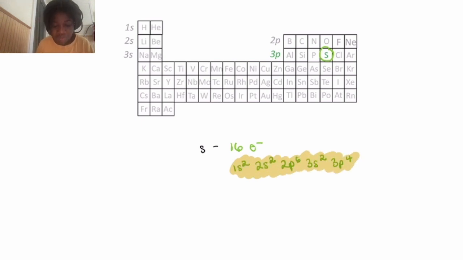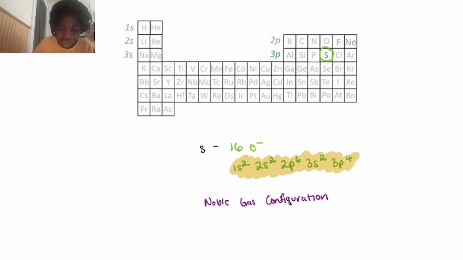And now one thing I want to introduce is something called the noble gas configuration. This is a shortcut electron configuration, and this is where the noble gases are going to come into play.